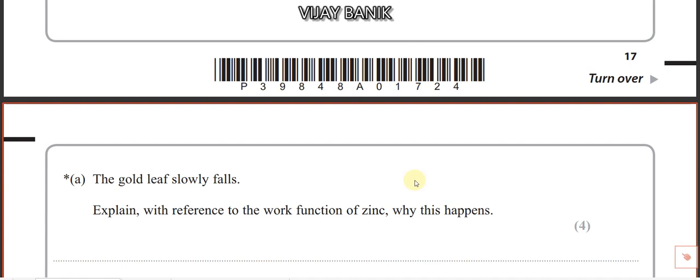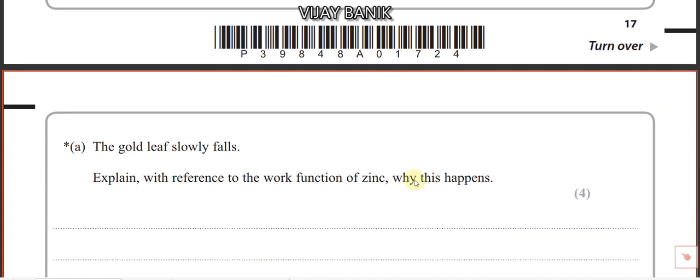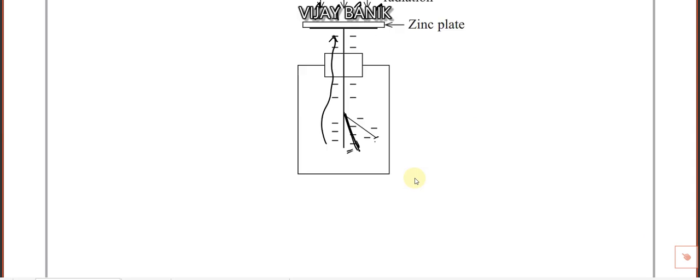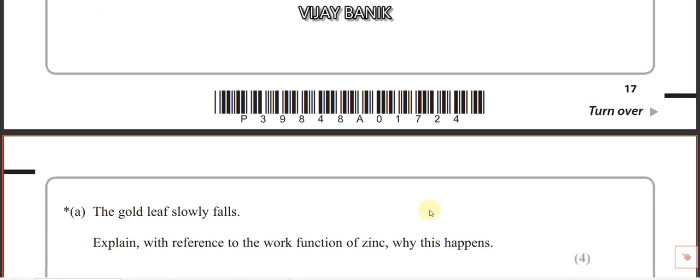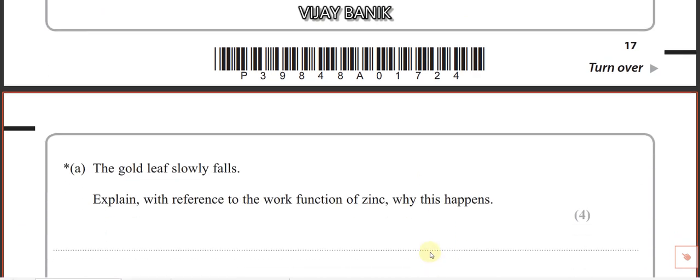Explain with reference to the work function of the zinc why this happens. You have to say the incident photon has energy equal to or more than the work function, therefore the electron gets emitted.